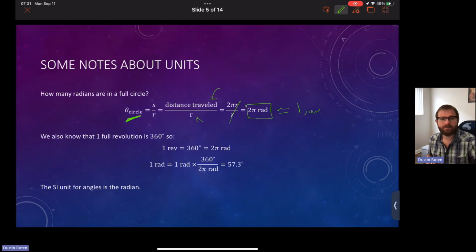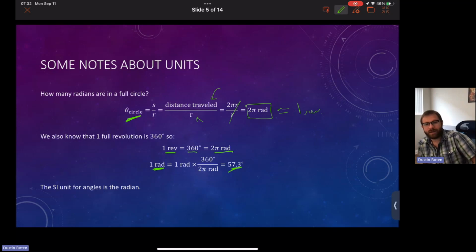All right, that leads us to our next point. We know that there is 2 pi radians in 1 revolution, so we can write this out and get some more relationships going here. So 1 revolution is 2 pi radians. Since we tend to measure these angles in degrees, we also know that this is 360 degrees for a full circle. So 1 radian is actually about 57.3 degrees.